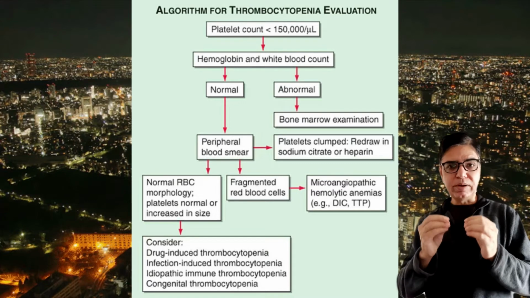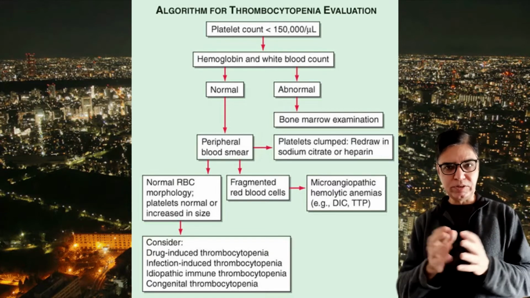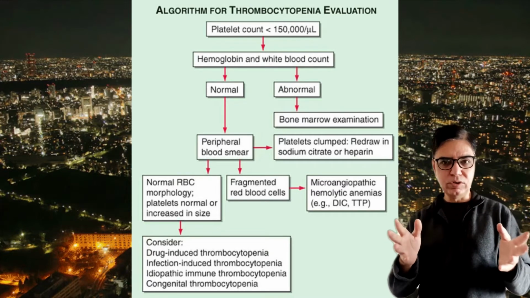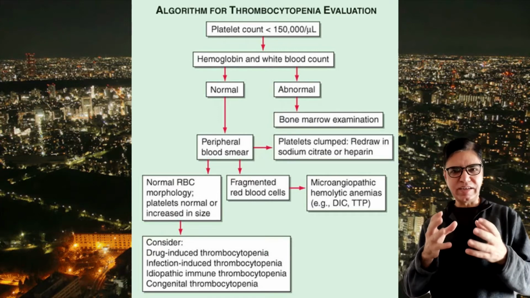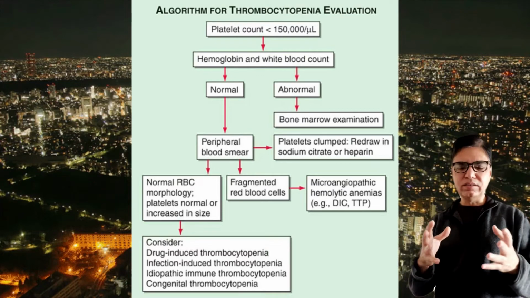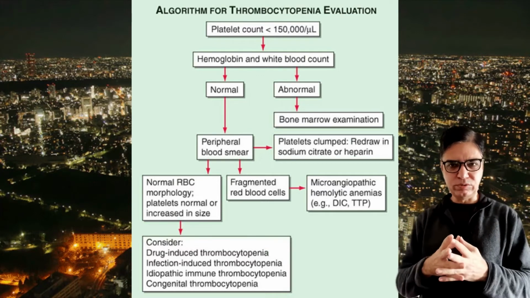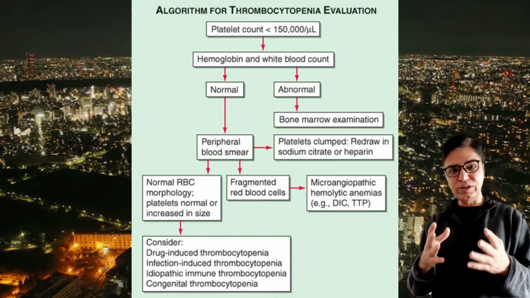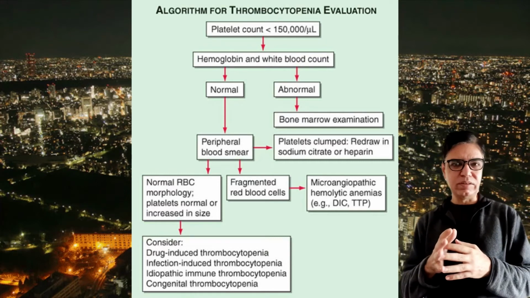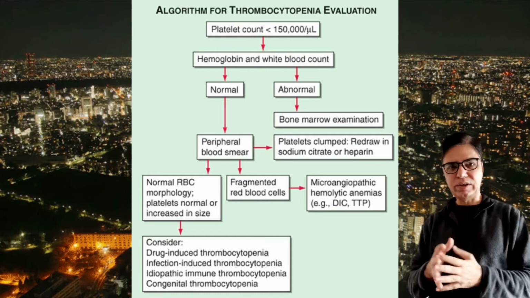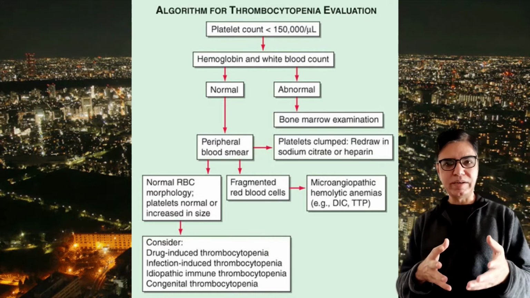If the peripheral blood smear shows a normal picture, that is, normal RBC morphology, and the platelets are normal in size, or let's say slightly increased in size, then you can consider a variety of differential diagnoses. The most common is infection-induced thrombocytopenia. Some kids might have a viral infection, and after the viral infection, for the time being, their platelet count is reduced.